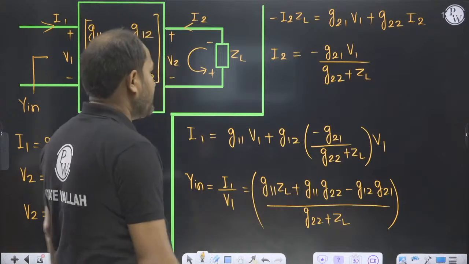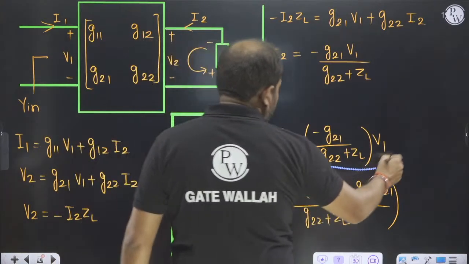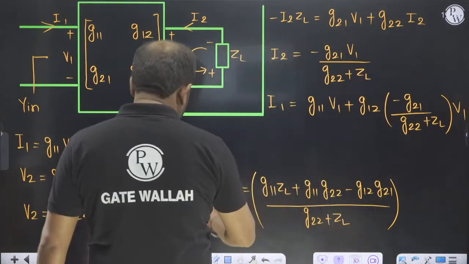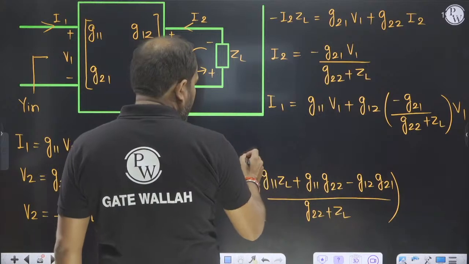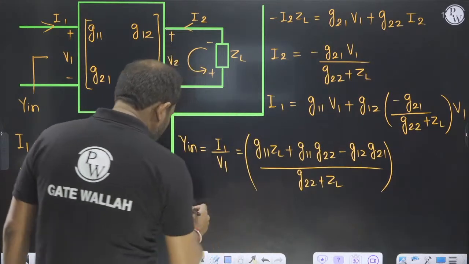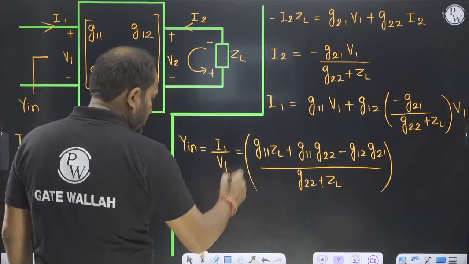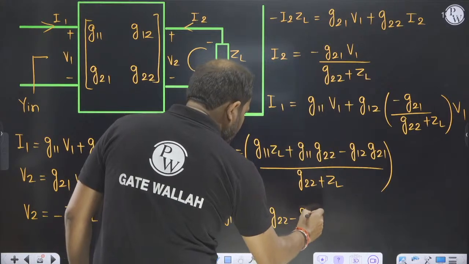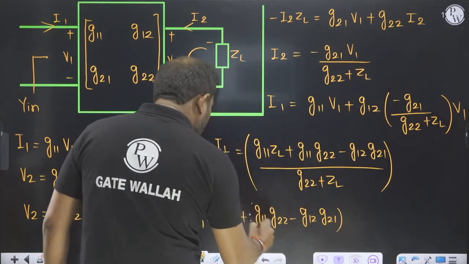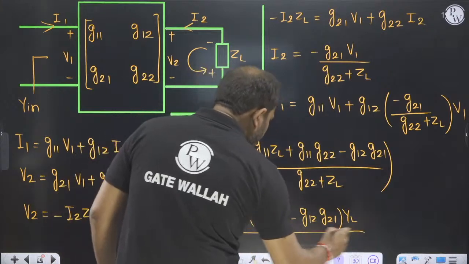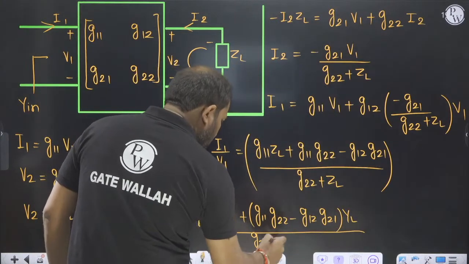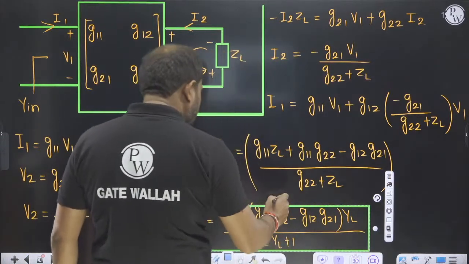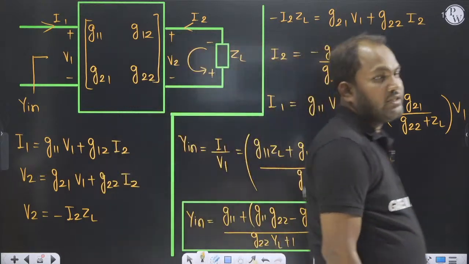If I replace ZL is equal to 1 by YL, you will get Yin is equal to G11 plus G11 G22 minus G12 G21 into YL divided by G22 YL plus 1. So this is Yin in terms of G parameter.